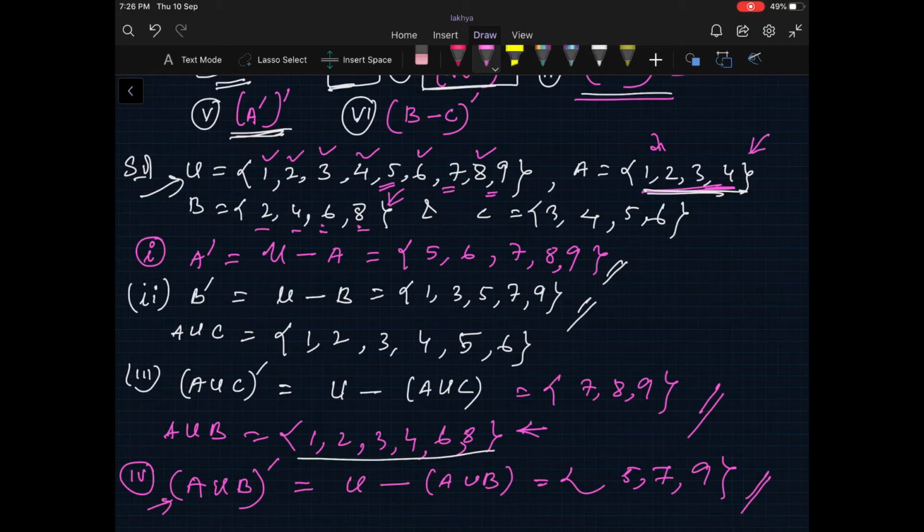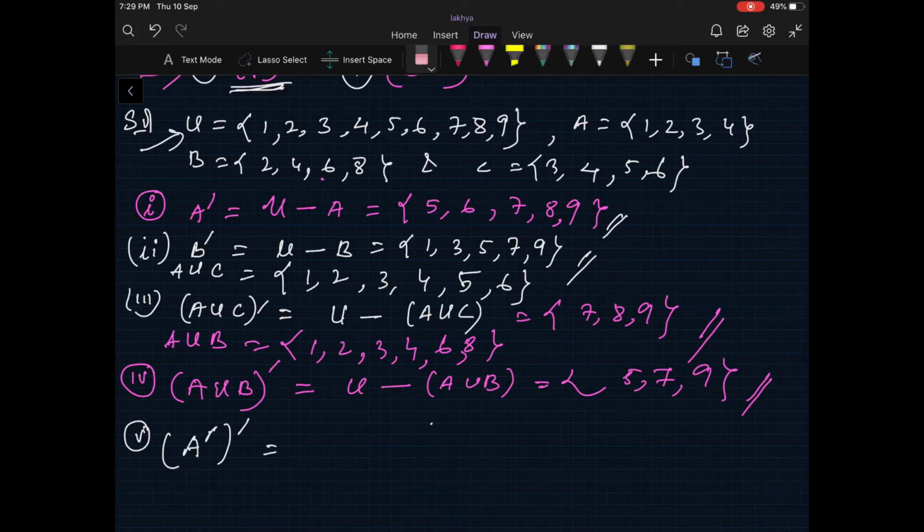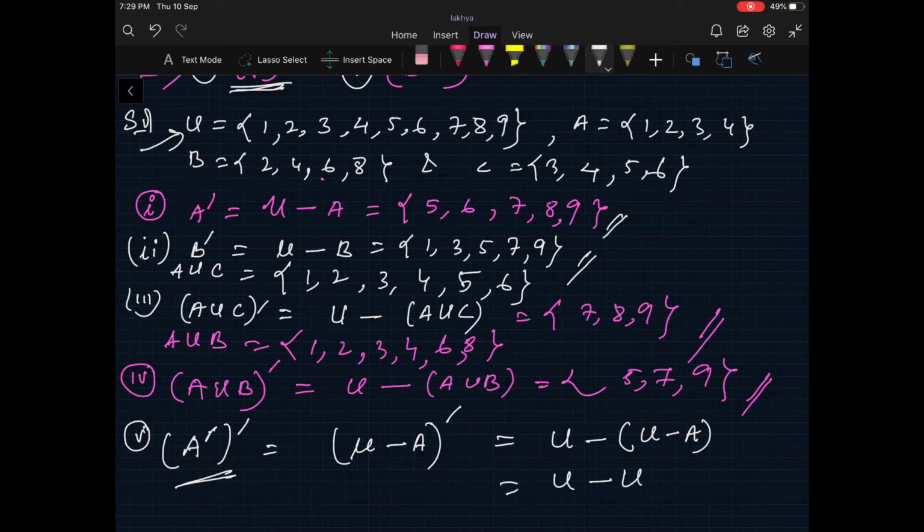So let's find the next. Now we are going to find double complement of A, that is complement of A complement. How to find it? We know that A complement is U minus A. Then complement of this is again U minus that.